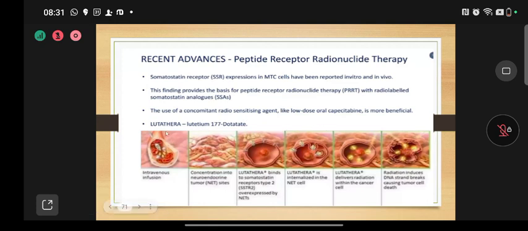Here we use Lutathera, lutetium-177 dotatate. It is given via IV infusion, concentrates in the neuroendocrine tumor sites, and binds to somatostatin receptor type 2 on the surface. The isotope molecule is internalized into the cell, delivering radiation and resulting in tumor cell death.